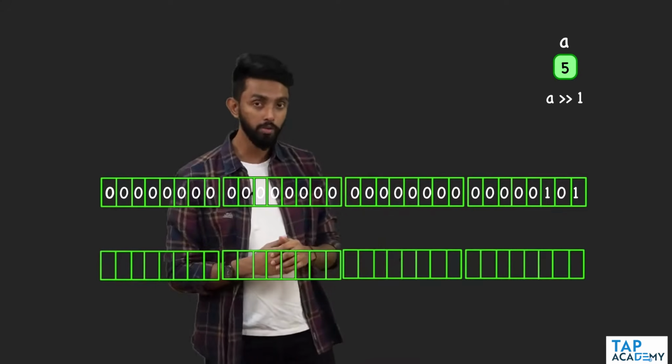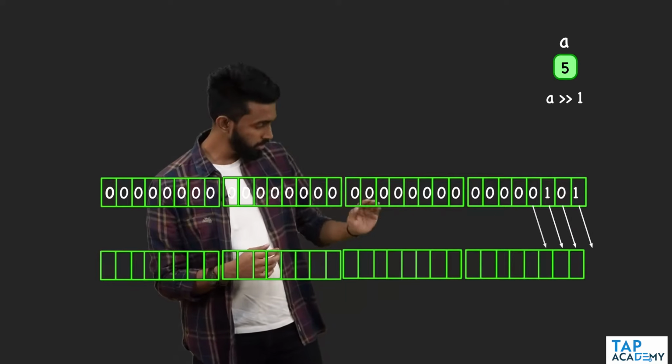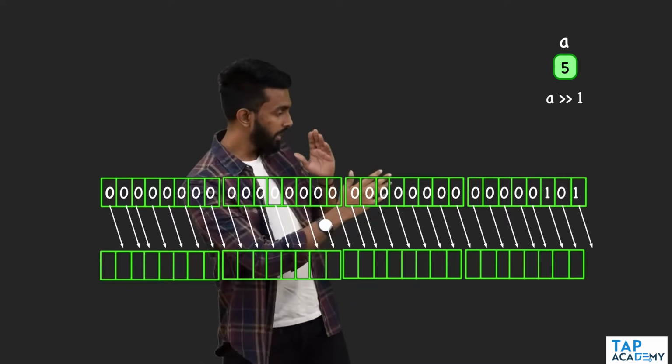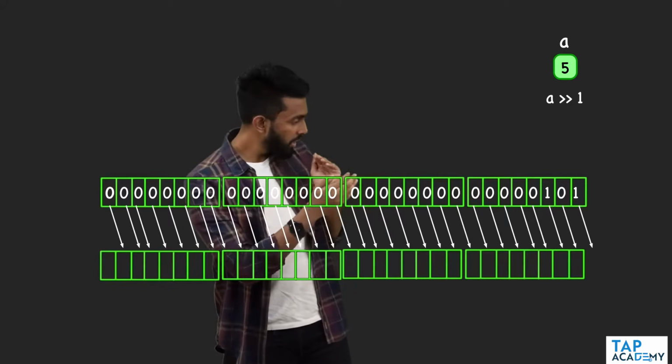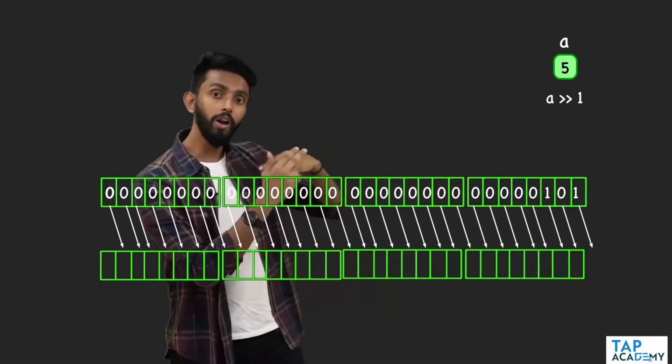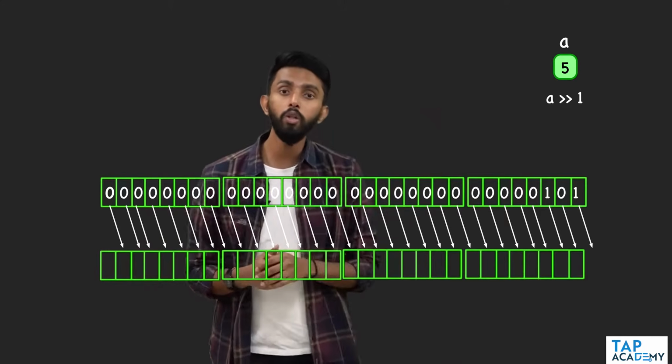So if I start shifting it, you can see, let's start from the rightmost bit, one position, one position, one position. I'm showing you arrow marks everywhere, right? Clearly you can notice that if you do right shift once, from the right side, you will lose 1 bit. If you right shift it twice, you would have lost 2 bits. 3 times means from the right side you would have lost 3 bits.